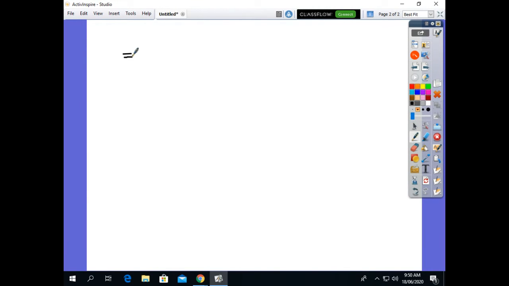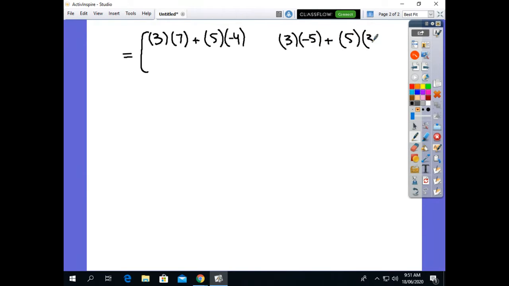The first row is multiplied with the first column: 3 is multiplied with 7 plus 5 is multiplied with -4. Similarly, 3 is multiplied with -5 plus 5 is multiplied with +3.